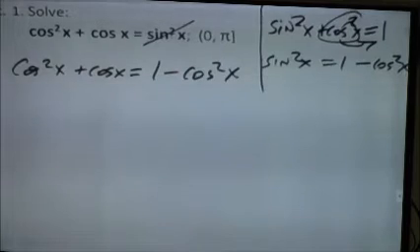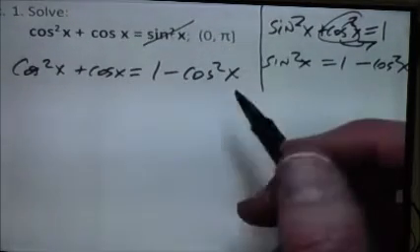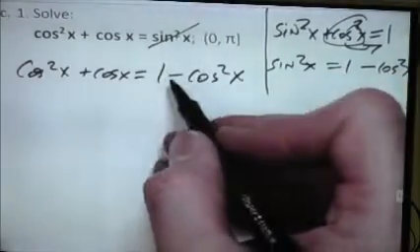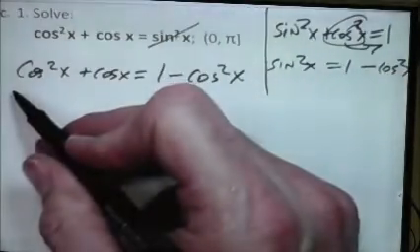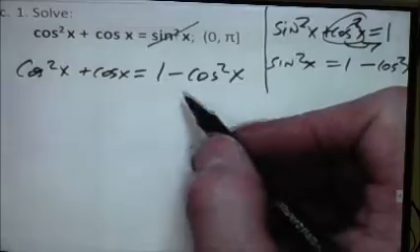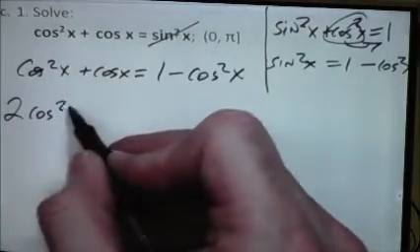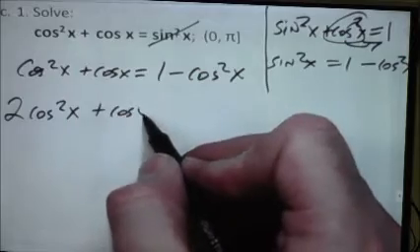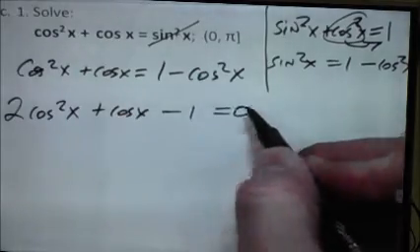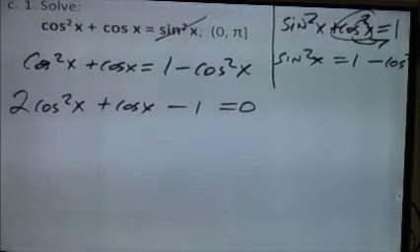By doing this, now all of them have the same trig function. They all have cosine. And now I'm going to work on combining them. Let's add cosine squared x to both sides, which makes 2 of these, and subtract 1 from both sides. 2 cosine squared x plus cosine x minus 1 is equal to 0.